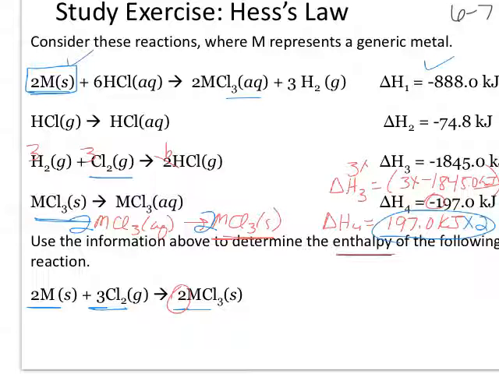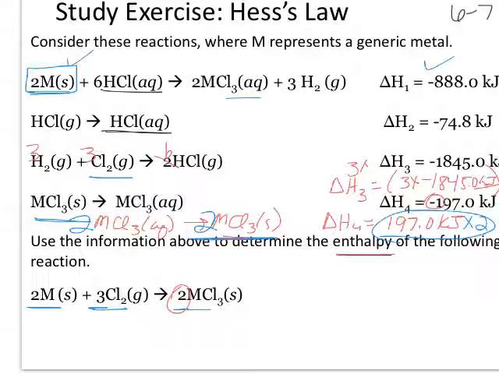Now I'm going to go through and see if I can cancel out all these other compounds that are not in this overall equation. I'm going to make sure that if I find them on the reactant side, I can find them on the product side, and that they have the same coefficient. The first, 2M solid, is what I need, so no worries there. Okay, what about this HCl aqueous? That is right here. The nice thing is I have that on the reactant and the product side, but the problem is one of them has 6 and the other one has 1.